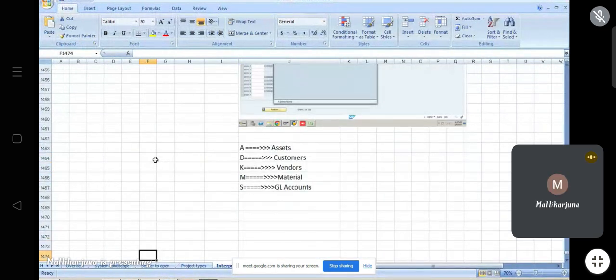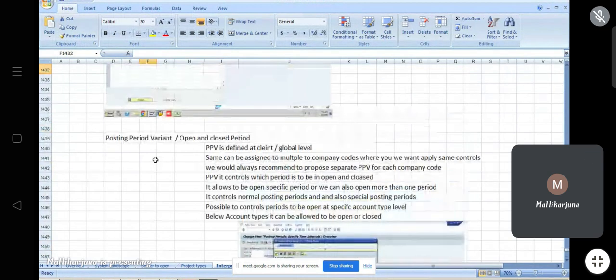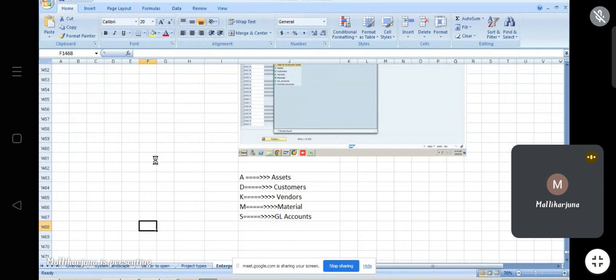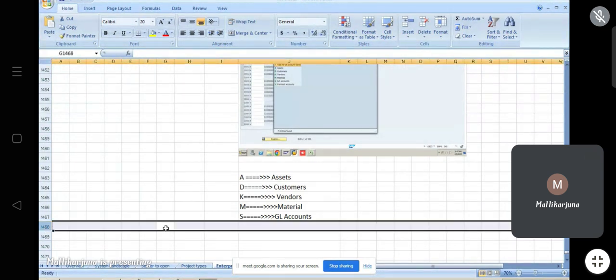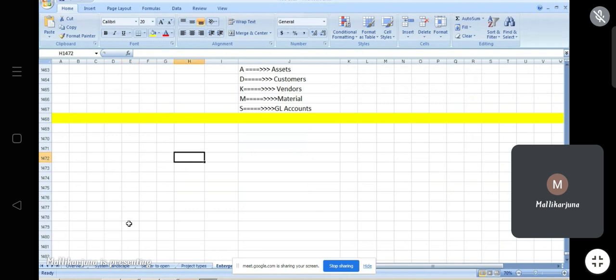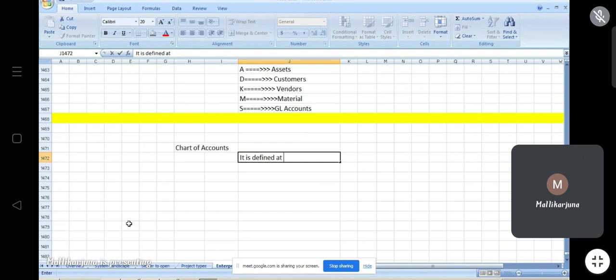So the next configuration is chart of accounts. Chart of accounts is defined at client level, at the global level.